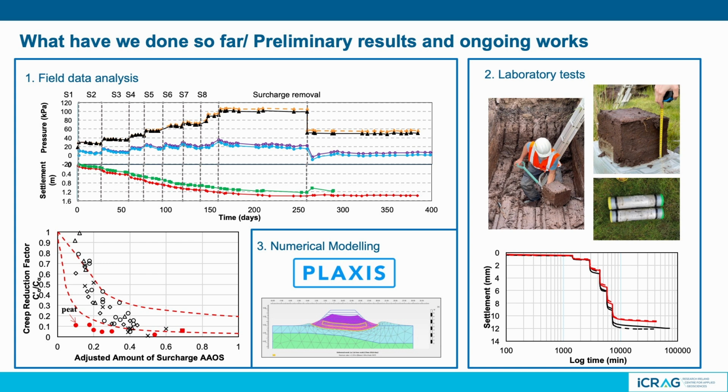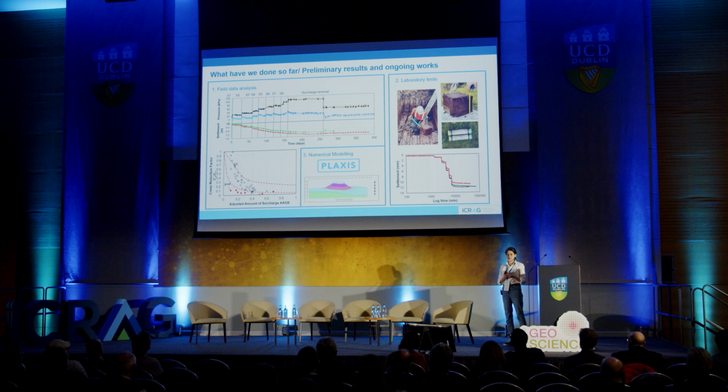You can see that after removing the surcharge, the pore water pressure almost dissipated, and the rate of settlement after removing the surcharge reduces. There are some theories saying that the rate of settlement after removing the surcharge is a function of the amount of surcharge in place.